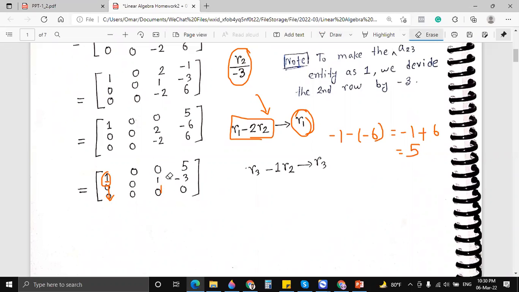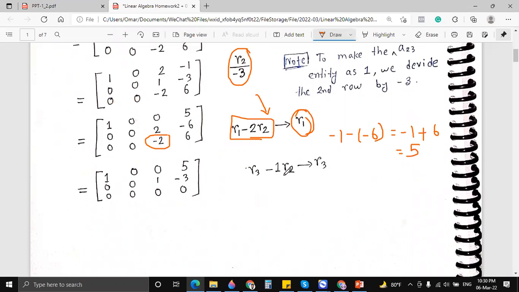Okay, so I skipped another line here. So you see this line. By now we have solved up to this line. So now we need to make this value also 0.